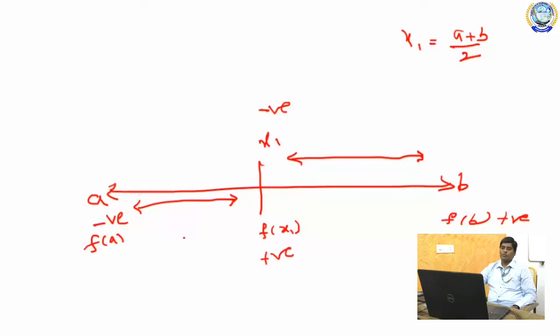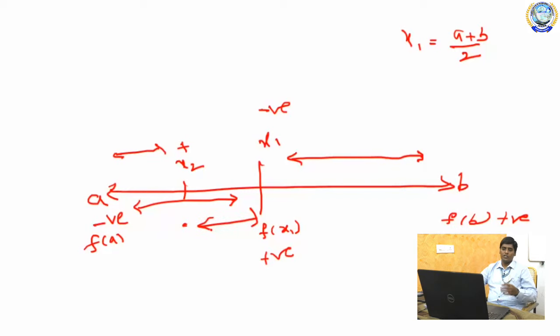Suppose it is positive, then the root lies between a and x1. So by again taking an average between a and x1, we get x2. If I substitute this x2 in the given curve equation and get a positive value, then the root lies between a and x2. If it is negative, then the root lies between x2 and x1.